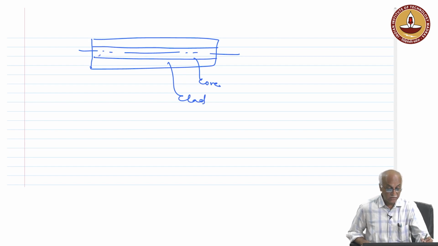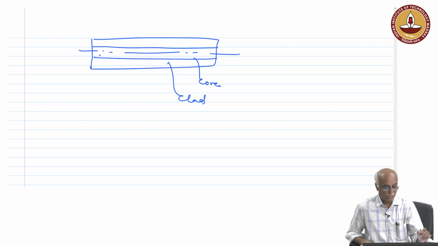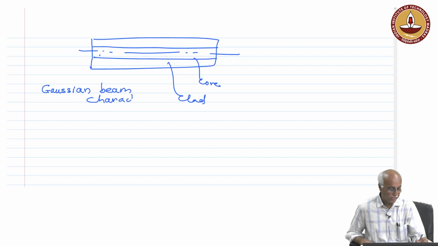The core diameter is such that it matches the single mode transmission through this optical fiber, and the core diameter is quite small. Over and above, the coupling is decided based on the Gaussian beam characteristics.